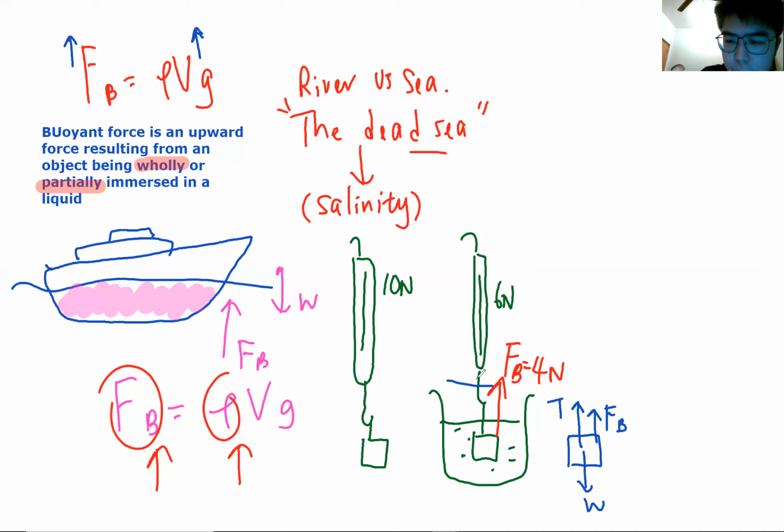If I cut the string, my tension is gone, my buoyant force is only 4 Newton, and the weight is 10 Newton. So it is not enough to withstand the weight. As a result, the object sinks to the bottom. Why? Because the buoyant force is less than the weight.